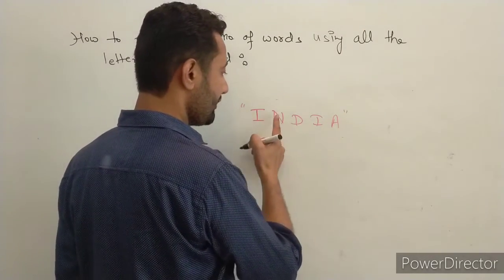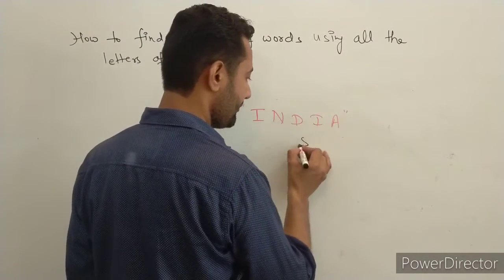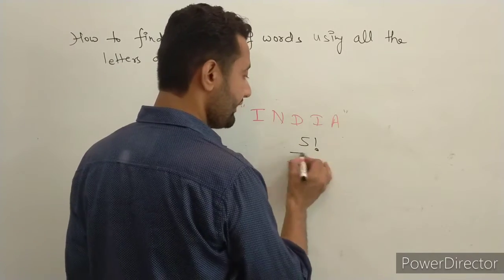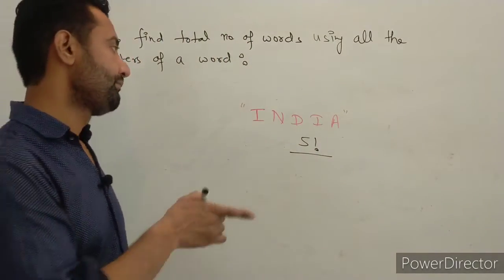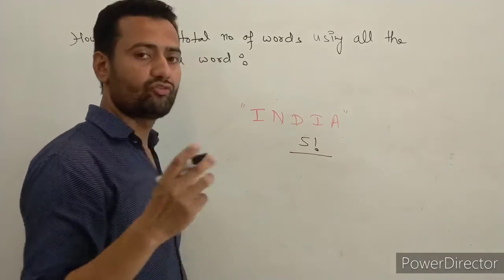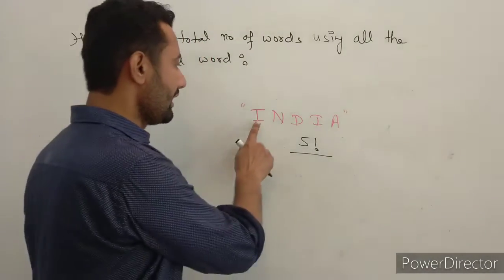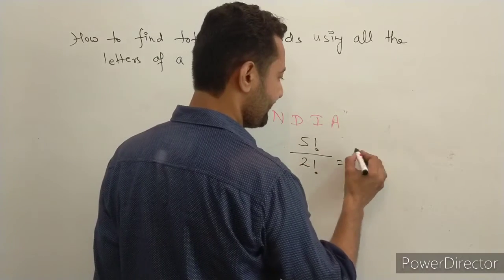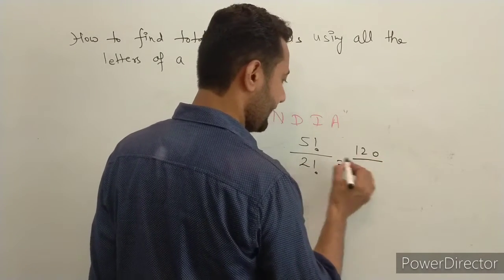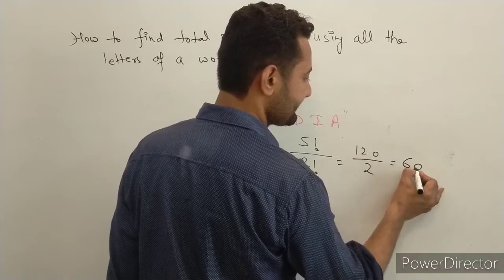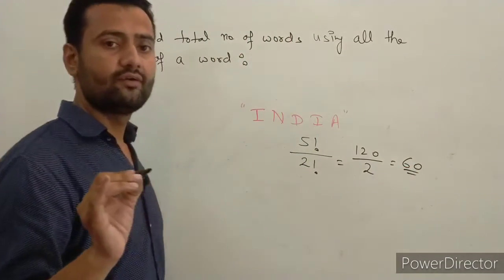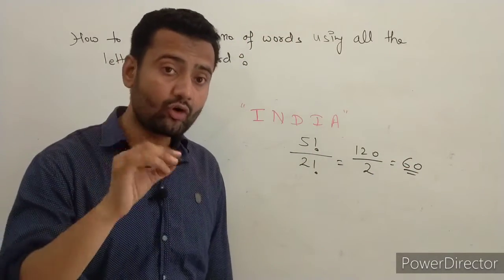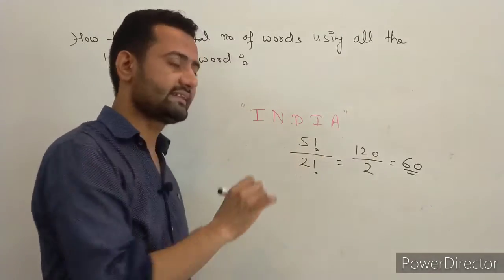It will be 5 factorial divided by, we have 5 letters out of which 2 are identical, I and I are the same, so divided by 2 factorial. Then 5 factorial is 120 and 2 factorial is 2, so 60. So the total number of words, meaningful or meaningless, will be 60.